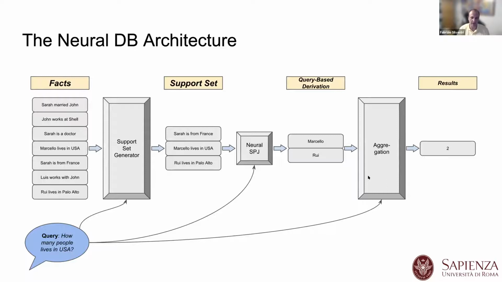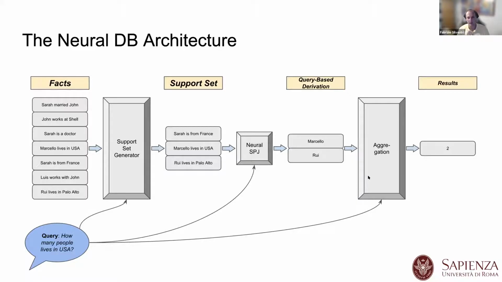And so now you're able to feed this system with the facts and the query, and the facts only go through the support set generator, whereas the query is inputted to all of the three phases. So the query is used in the support set generator to retrieve the supporting facts.